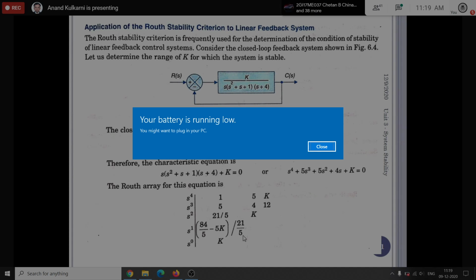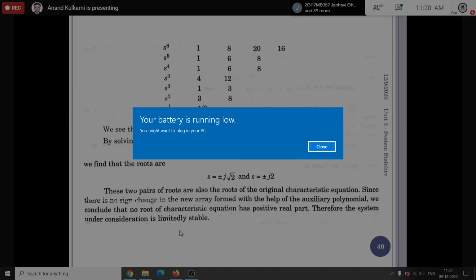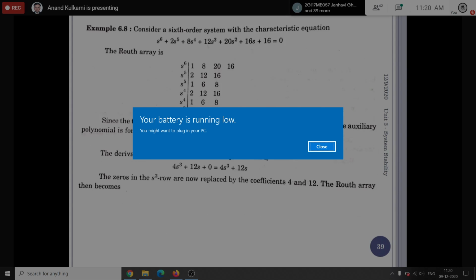So after making the characteristic equation, we should use only the first and second order, highest two orders, sir, to start with the Routh array, sir? No, highest, you are talking about auxiliary equation. Yes, after making the auxiliary equation, so s raised to 4 plus 5s. Yeah, here this is the auxiliary equation that you have to differentiate.